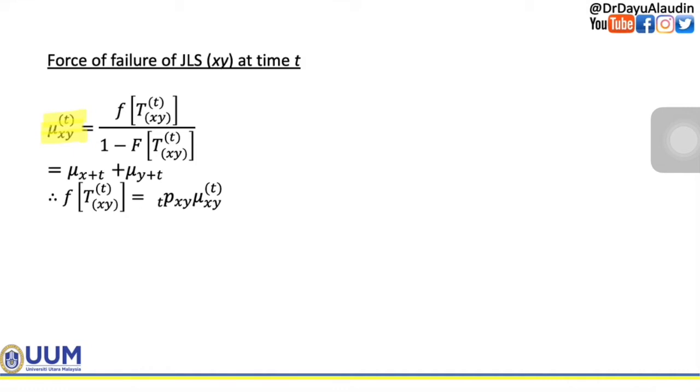So we get mu x plus t plus mu y plus t. Therefore, the PDF is equal to tPxy times mu xy t.